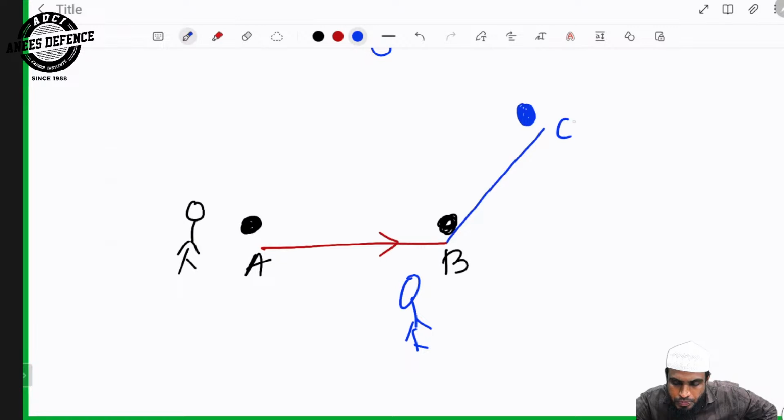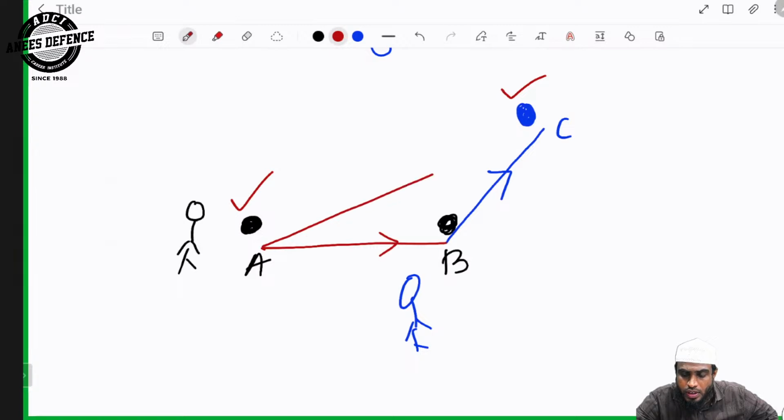That is C. So first, the force is applied along vector AB. In the second case, the force is applied along BC. So here the force is applied one after the other. So what is our initial point? The initial point is A and the final point is C. So the resultant vector can be represented as AC.